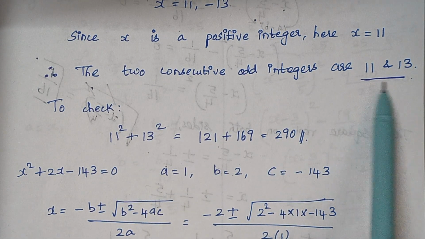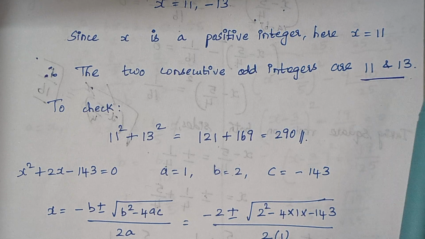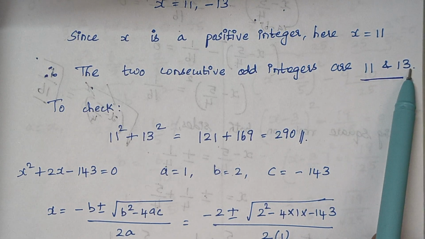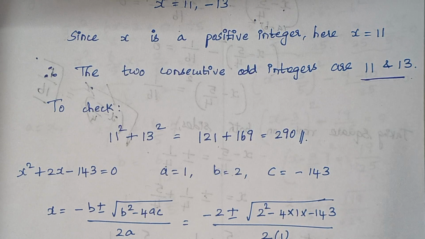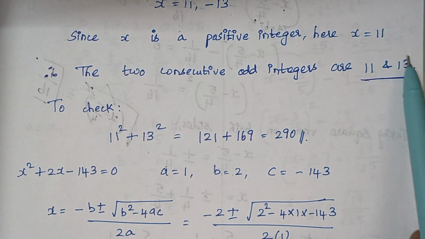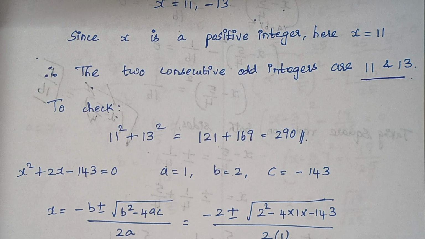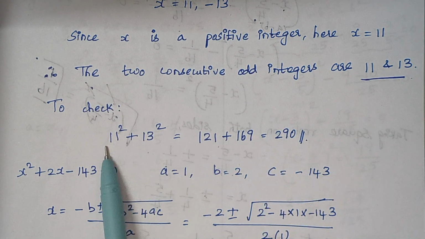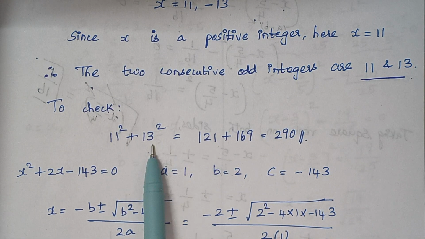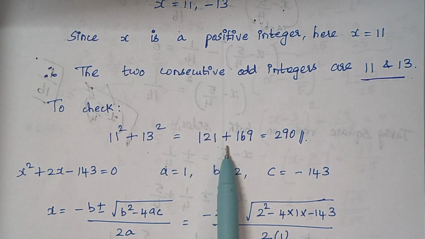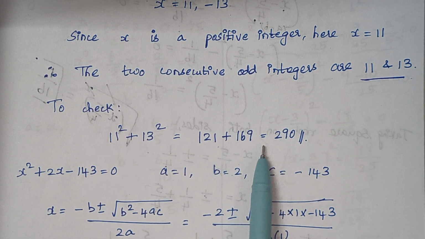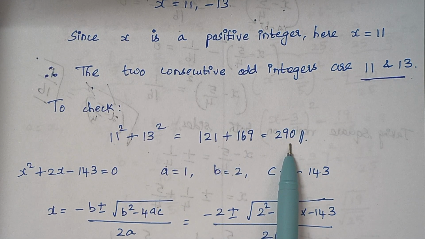We have selected the numbers as 11 and 13, and these two are odd numbers, and they are consecutive numbers. The next odd positive number after 11 is 13. So 11 square plus 13 square is equal to 121 plus 169, which is equal to 290.